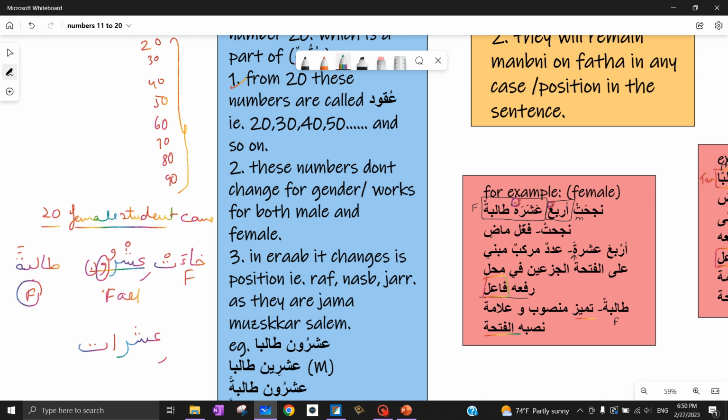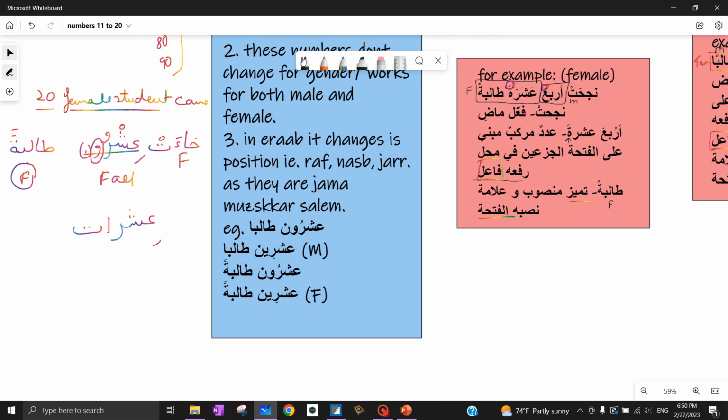Okay, and when I say Ja'at, so this was for marfu case. And when I say Ra'aitu, I want to say like in mansub case. Ra'aitu 20 female students.